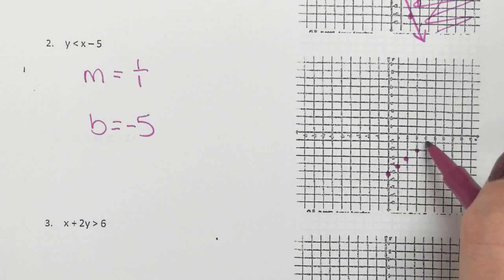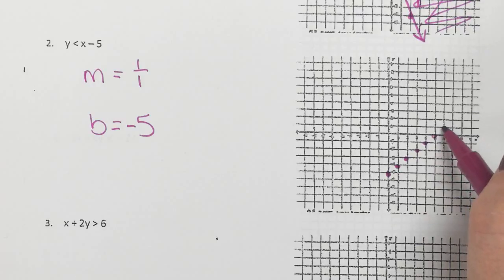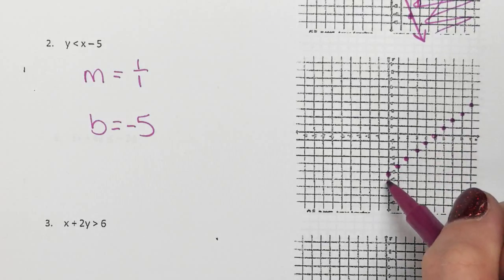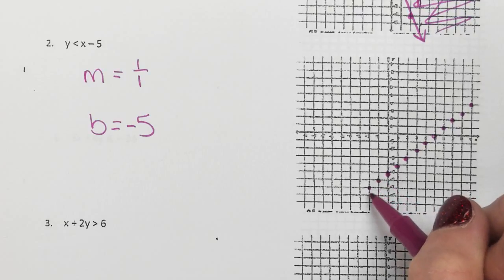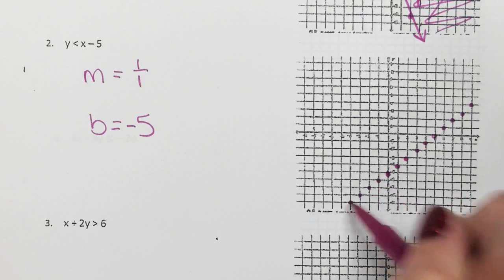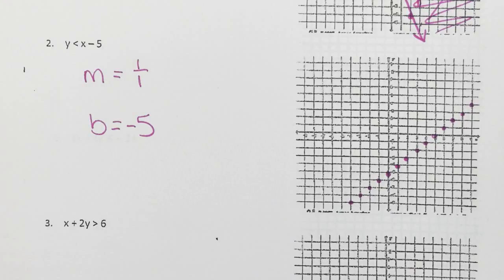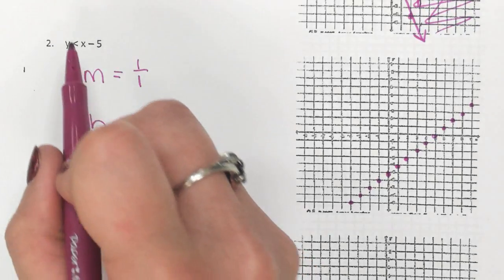Now look, you need to make these pretty big. That way when you do your shading, you can see what's going on. And what's the opposite of going up and right? Down and left. Don't connect the dots yet. Alright, here we go.